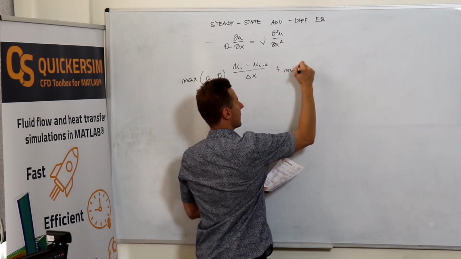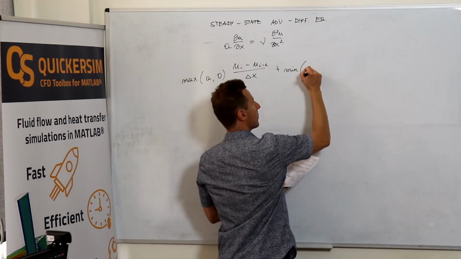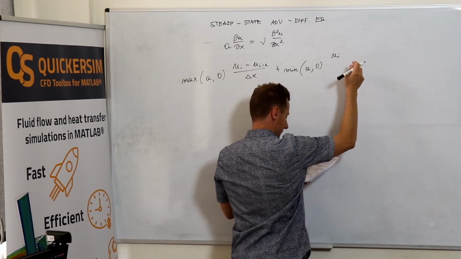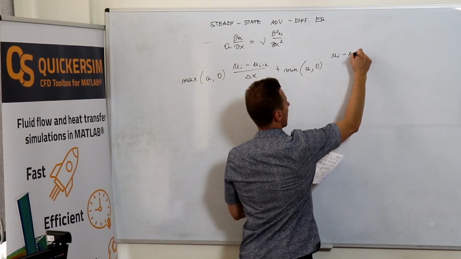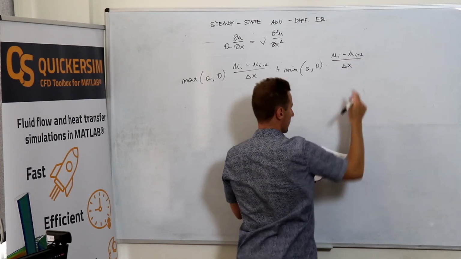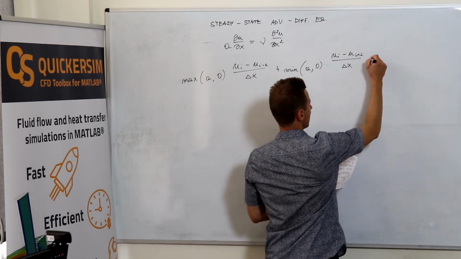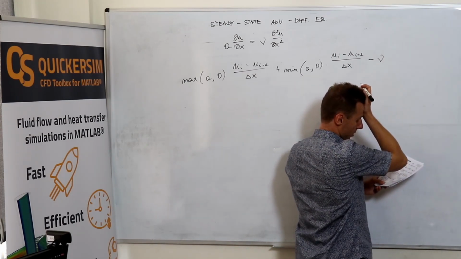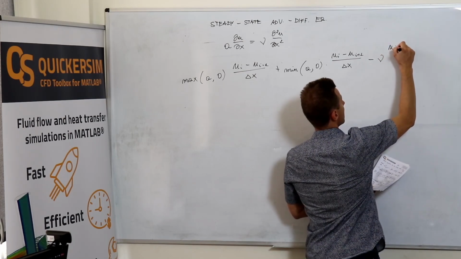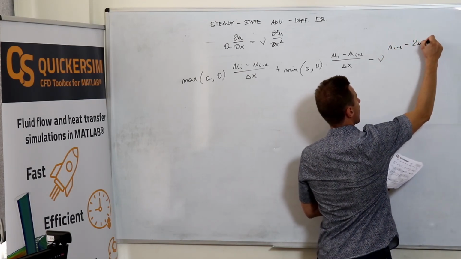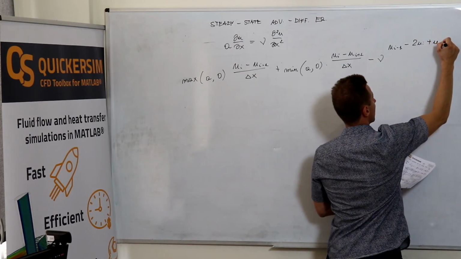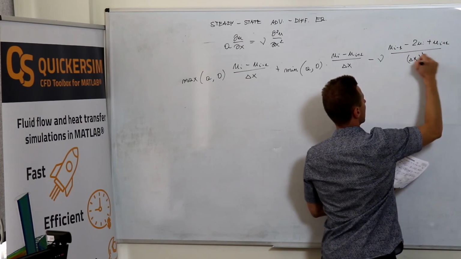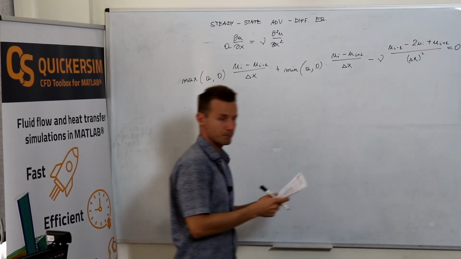plus minimum of A and 0 times (ui plus 1 minus ui) divided by delta x, minus, and that's a regular second order term that does not depend on the upwind, (ui minus 1 minus 2 ui plus ui plus 1) divided by delta x squared, equals 0.